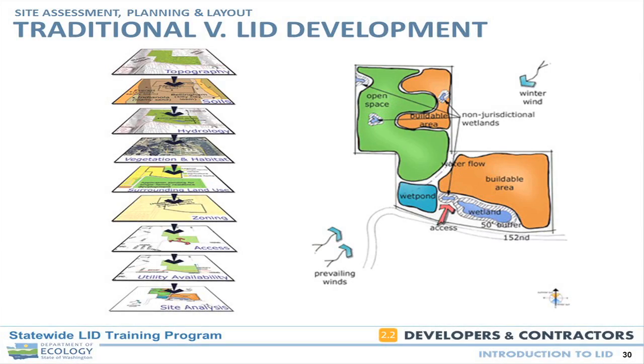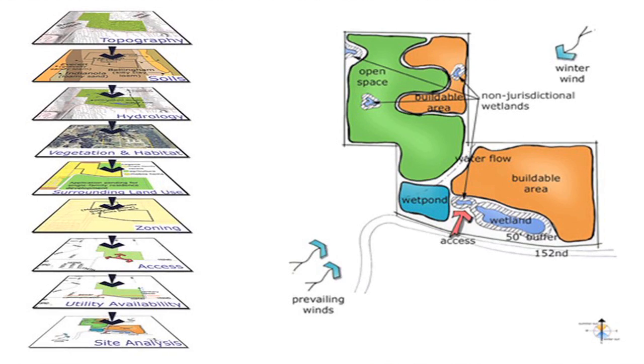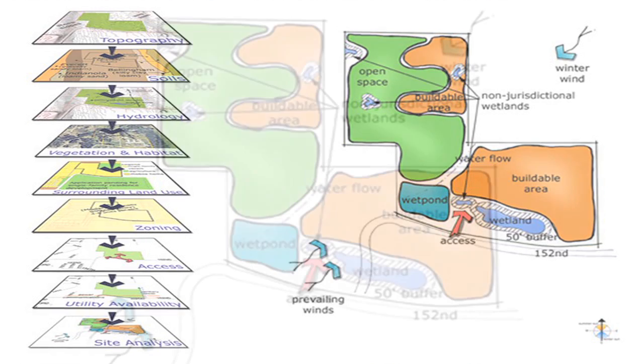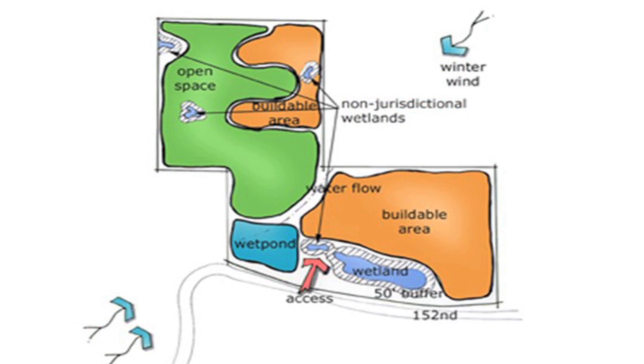Creating a site analysis happens informally or formally in a lot of projects, but really take that layered approach of all the information that you can gather, pull that all together, and then look at areas where you have potential opportunities to focus on building. You have other areas for open space retention, and then areas where you could potentially site stormwater facilities, or think about them as distributed throughout.